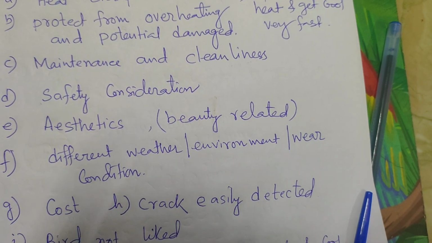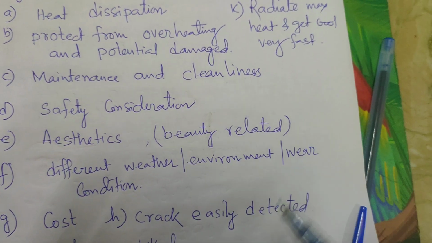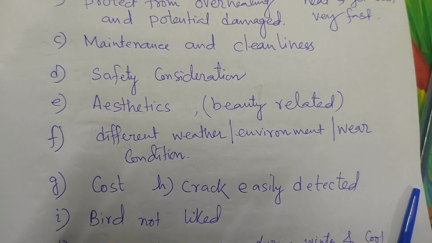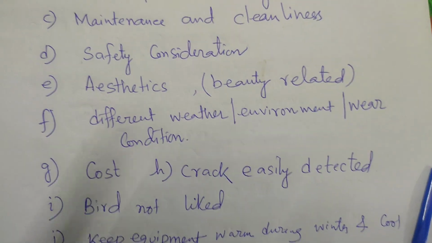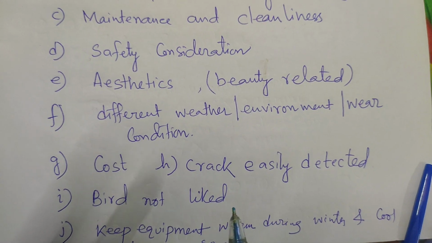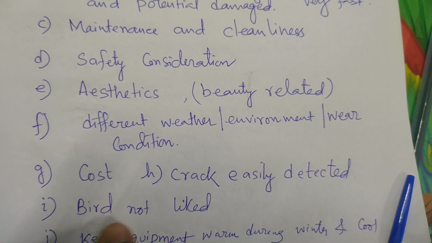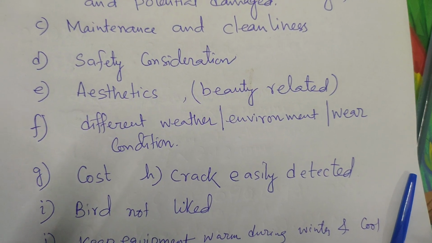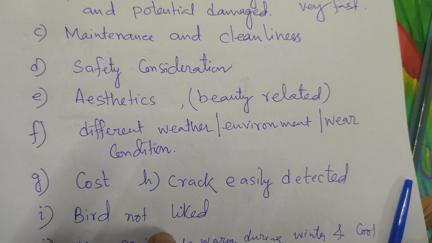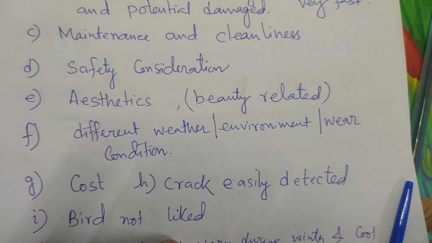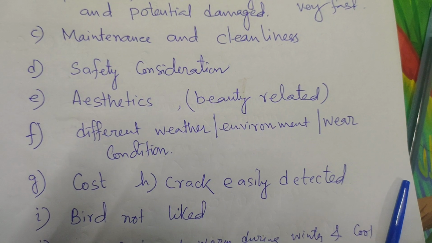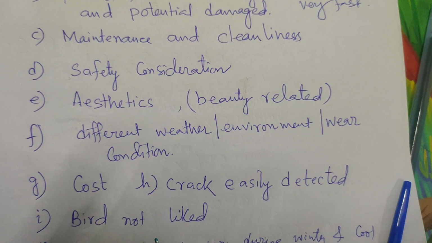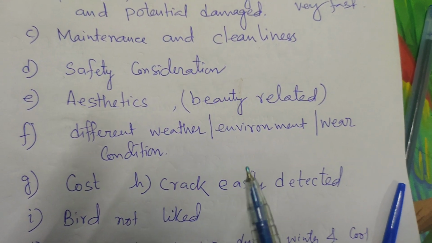Cracks are easily detected. If you paint gray, the crack will be visible or detected very easily. Birds do not like gray. What is it? Birds are a main factor of faults. If birds make their nest on the transformers, CT, PT, isolators, or different areas, they can cause any type of fault, phase to phase fault, phase to earth fault, different faults.